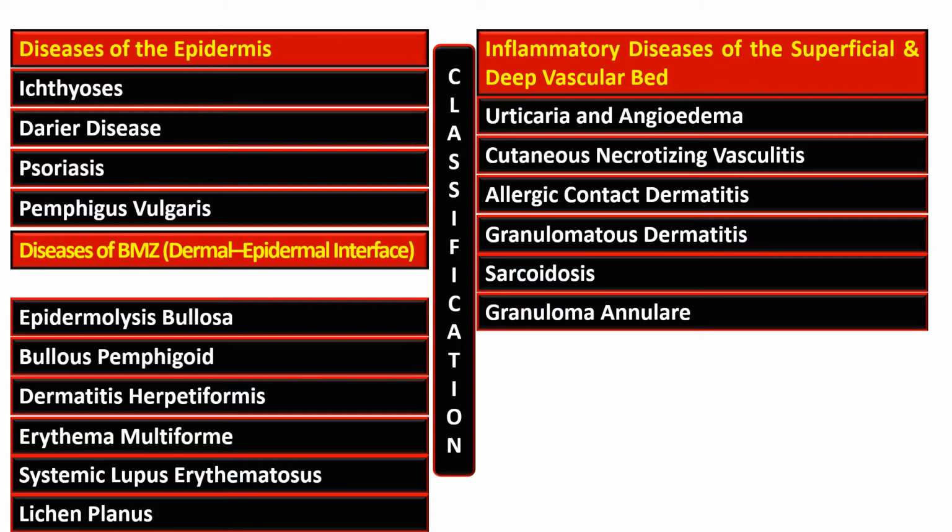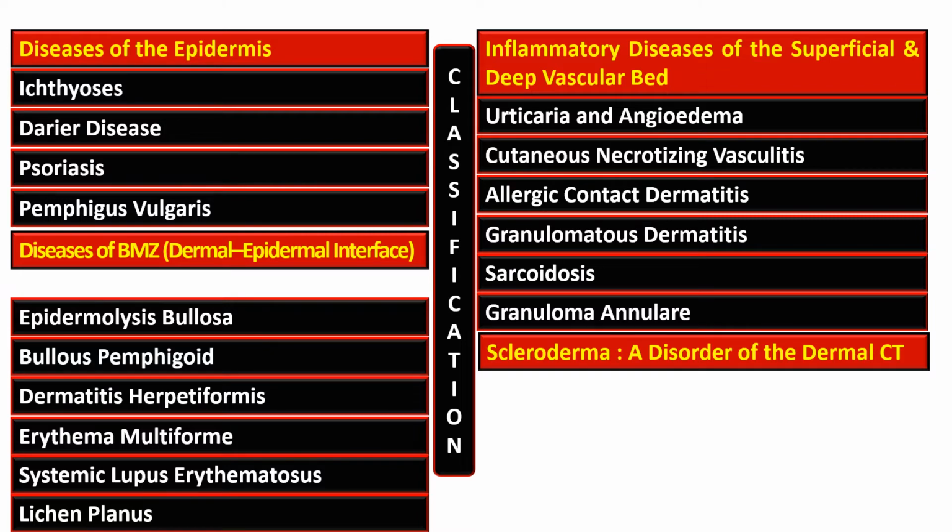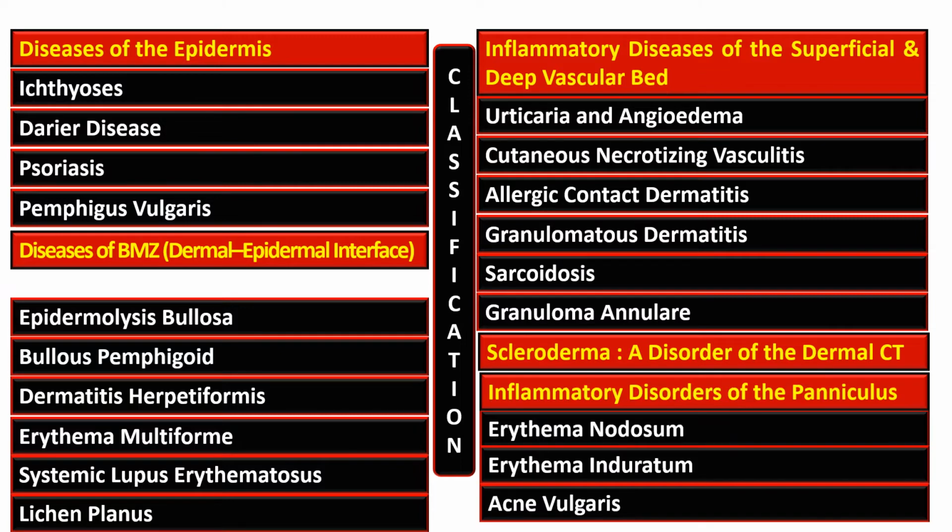The inflammatory diseases of superficial and deep vascular bed include urticaria and angioedema, cutaneous necrotizing vasculitis, allergic contact dermatitis, granulomatous dermatitis, sarcoidosis, and granuloma annulare, while scleroderma is the disorder of the dermal connective tissue. The panniculitis inflammatory disorders are erythema nodosum and erythema induratum, while acne vulgaris is also an inflammatory disorder.